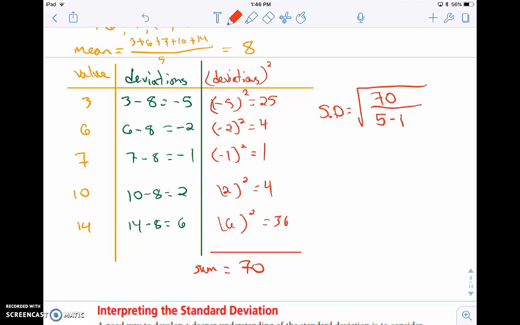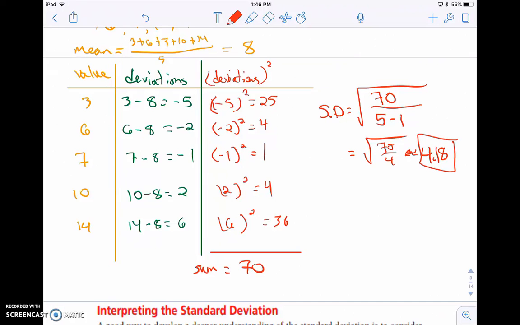So we had 5 data entries minus 1. So the square root of 70 over 4, which is approximately 4.18. Okay, and that's our standard deviation for that data set.